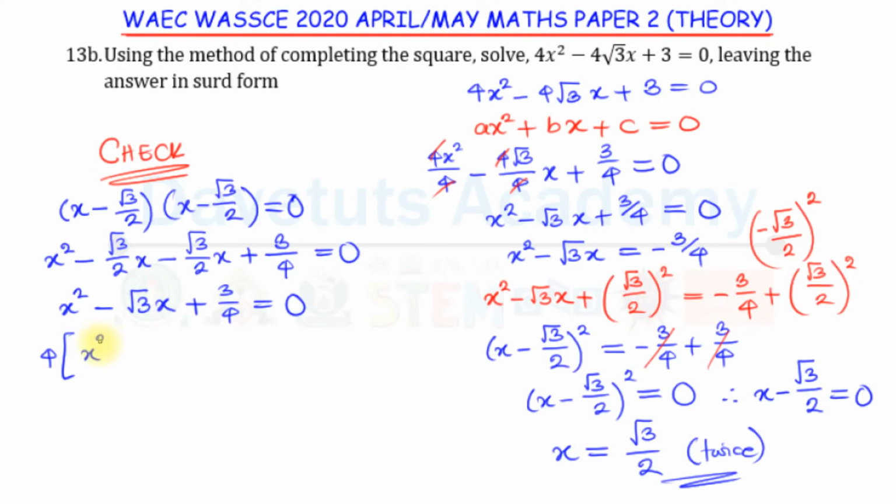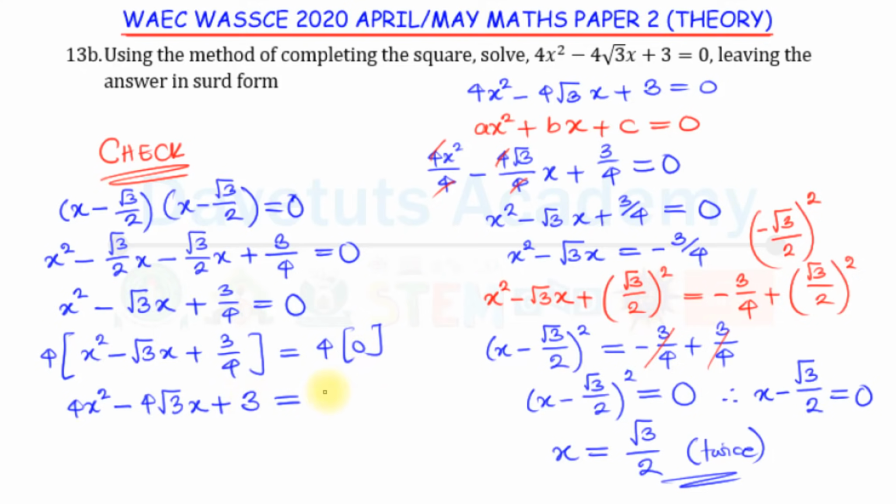So 4 times the whole of x squared minus root 3 x plus 3 over 4 is equal to 4 times 0. What we do to the left hand side, we also do to the right hand side. 4 times x squared will be 4x squared. 4 times minus root 3 x will give us minus 4 root 3 x. Then 4 times 3 over 4, the 4's will cancel each other. We have this to be plus 3 is equal to 4 times 0, which is 0. And you can see this check is actually confirming to us that x is equal to root 3 over 2 twice is the solution to this problem.